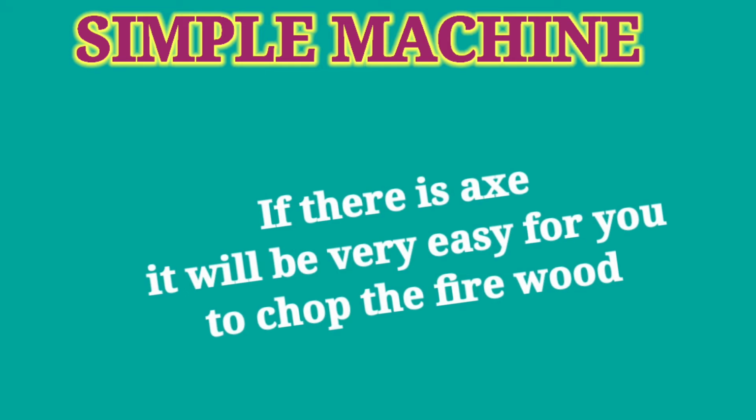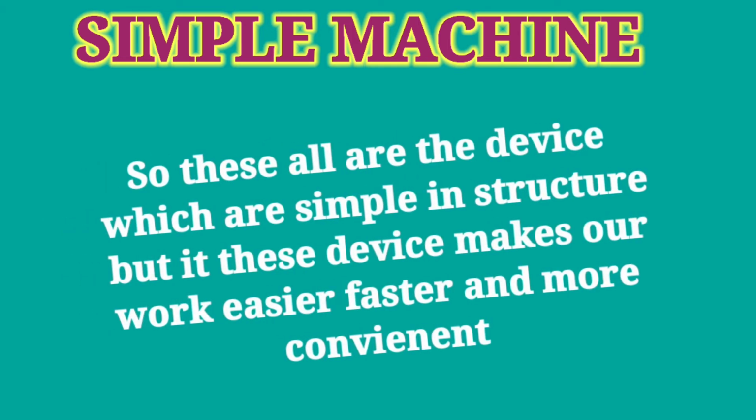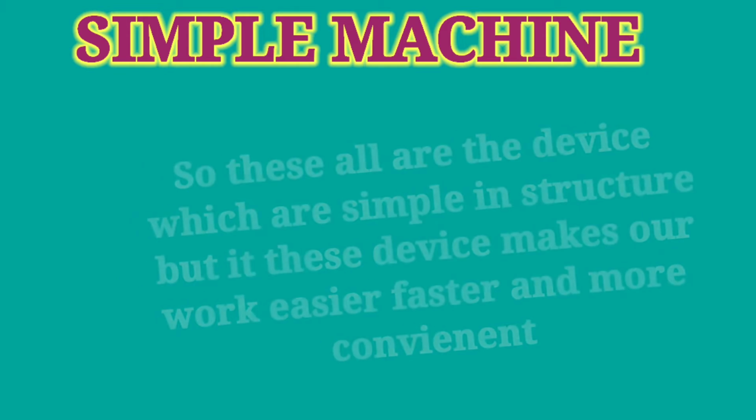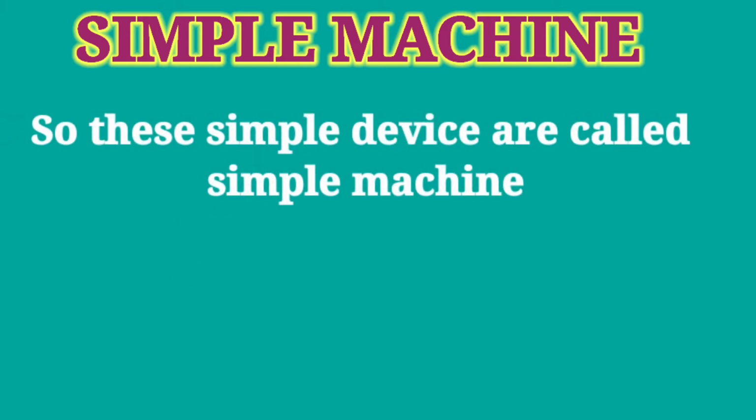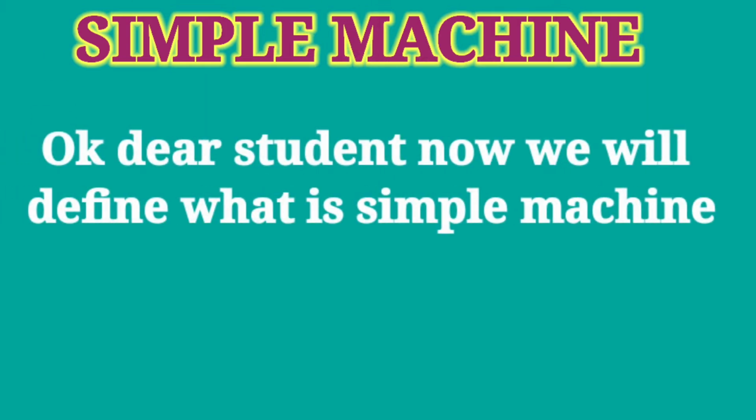If there is an axe, it will be very easy for you to chop the firewood. So these all are devices which are simple in structure, but they make our work easier, faster and more convenient. So these simple devices are called what? Simple machine.